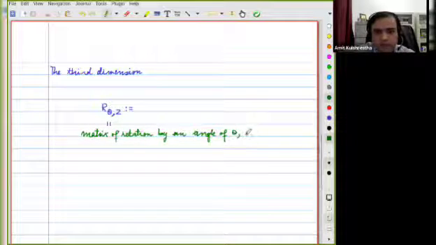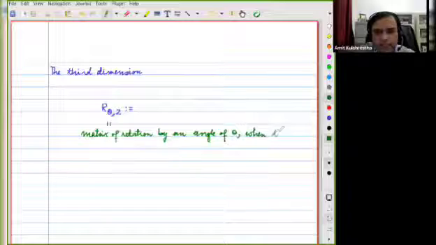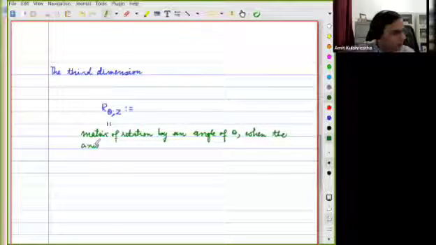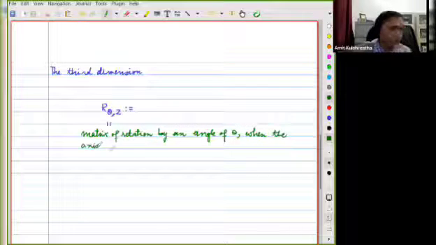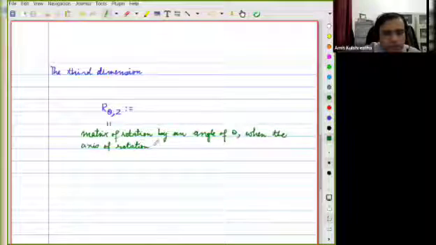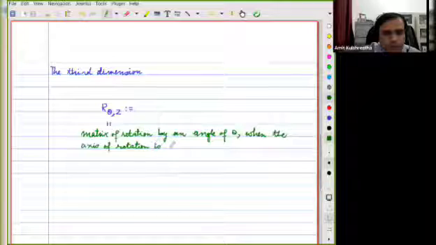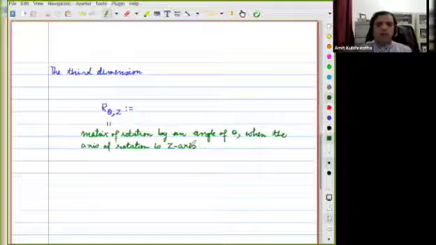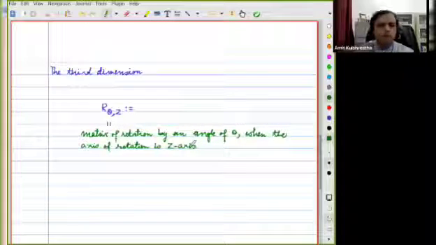Okay, where the axis of rotation is the z axis. So what is the matrix?